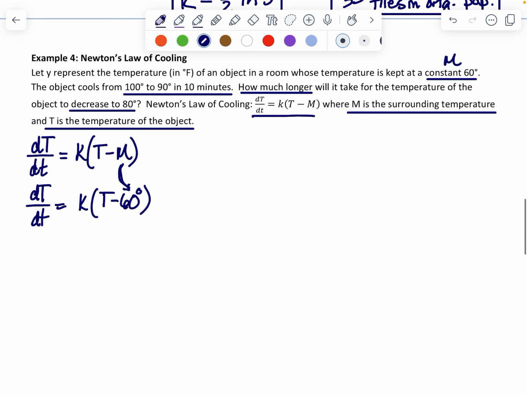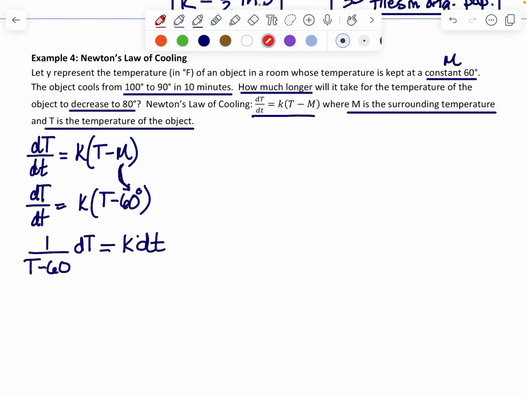Okay, I'm going to do the separable differential equation. So I get 1 over T minus 60 dT equal to, keeping the k on the right-hand side, k dt.